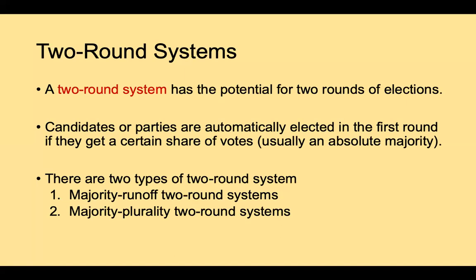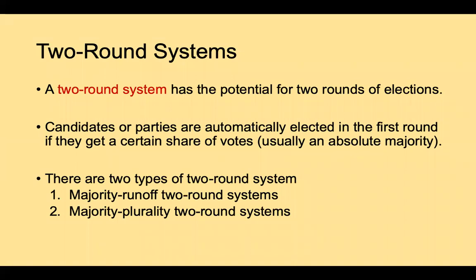Another form of majoritarian system is the two-round system. Now, a two-round system has the potential for 2 rounds of elections. And the way this works is candidates or parties are automatically elected in the first round if they get a certain share of the votes, usually an absolute majority.